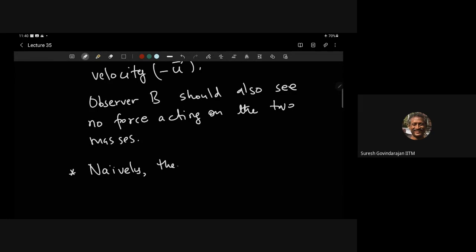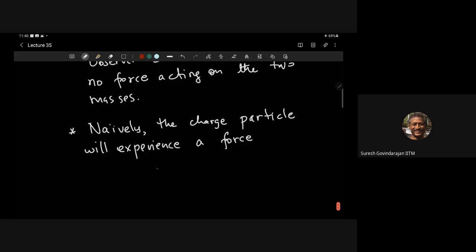The charged particle will experience a force which would be minus u cross B times Q. Is this clear?